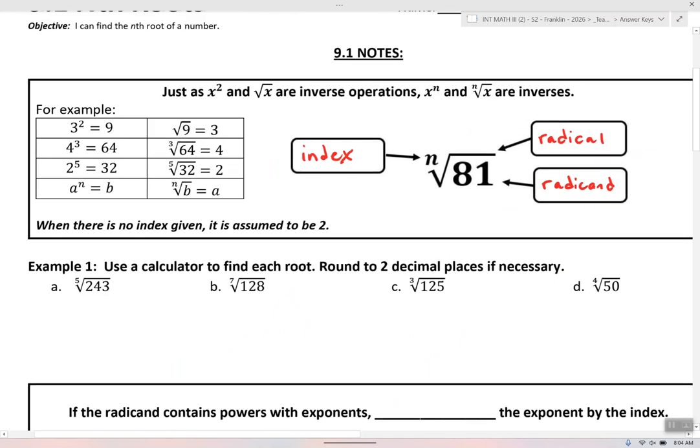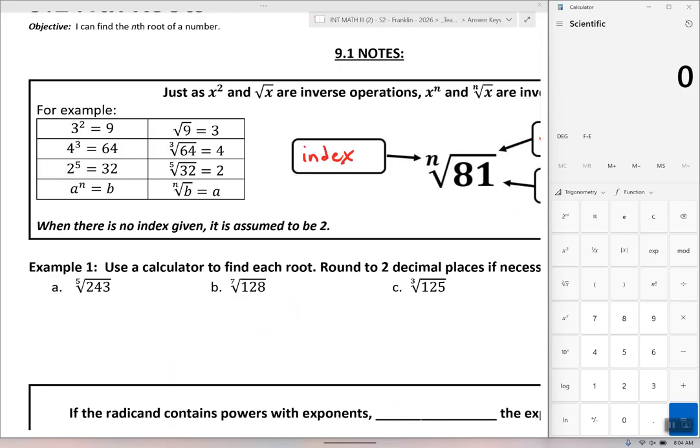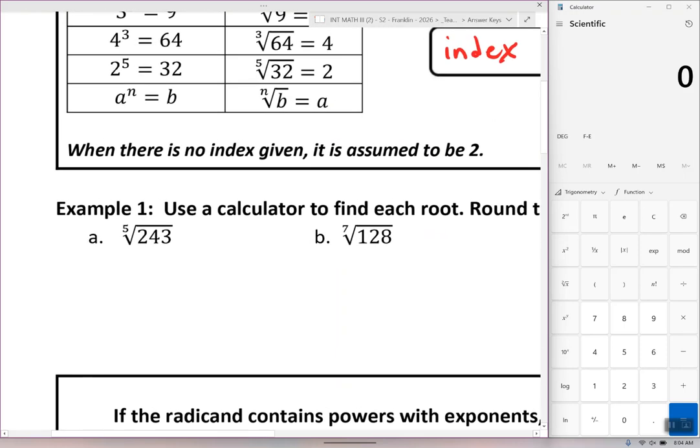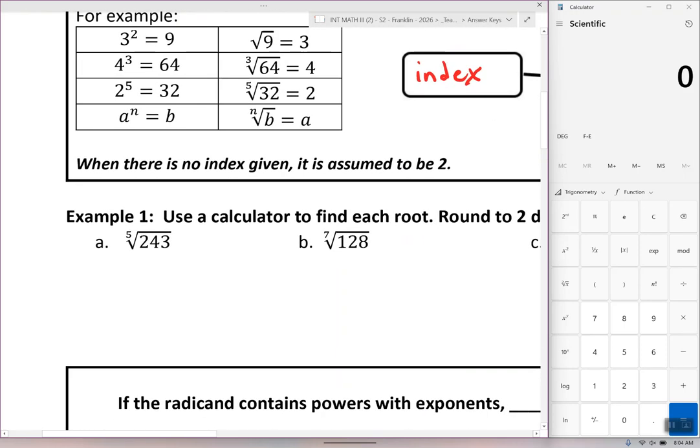So let's practice some of these. And really, we're just going to be using a calculator to find these roots. So let's get a calculator up here. We could calculate these without it by doing the prime factorization and then finding those prime factors, but this is much faster. So if I want to find the fifth root of 243 on this calculator, I'm going to say 243.